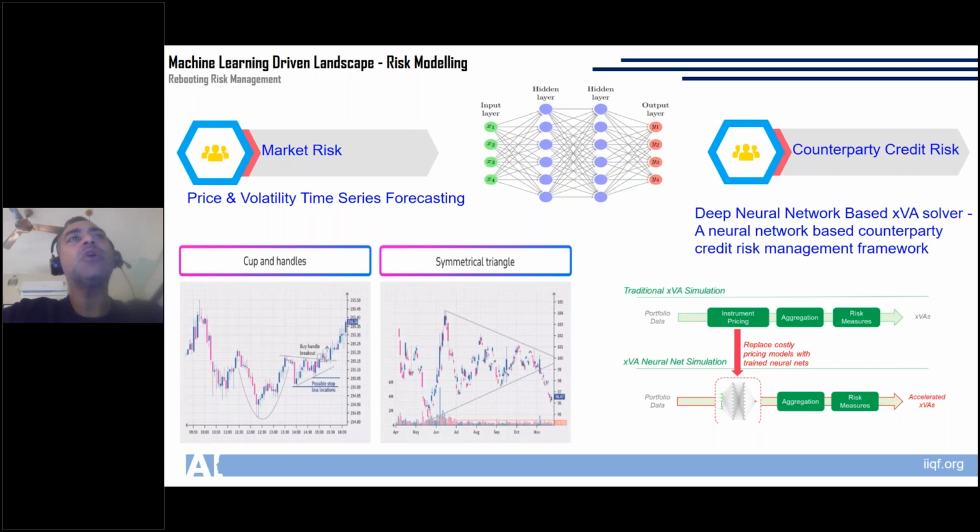So if data is not time homogeneous and the distributional properties vary across different time snapshots, then obviously a neural network would handle it very well, right?